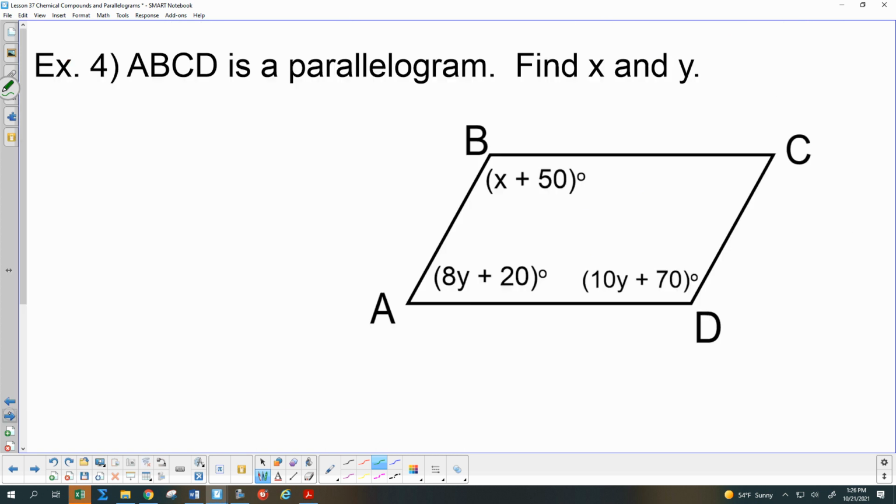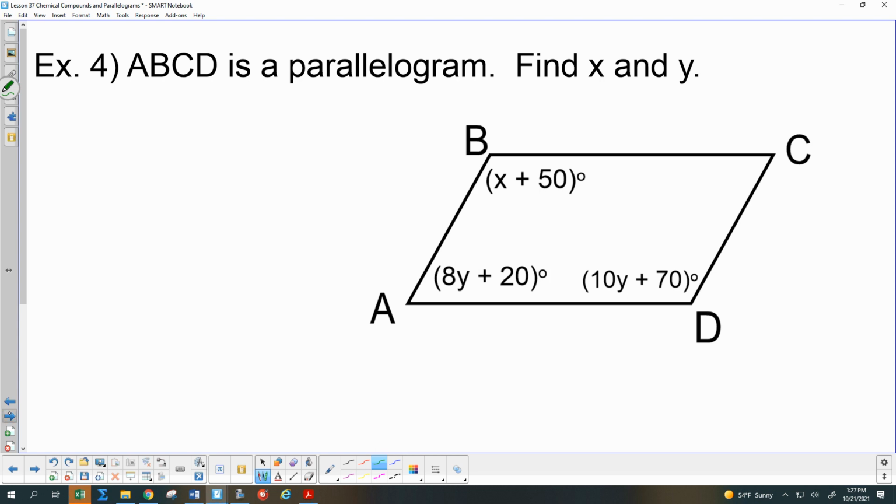Okay, one last example for the day. Another parallelogram, just angles. We don't have any diagonals thrown in there. And for this one, I want to illustrate, let's be smart. Let's think this through before we write everything down.